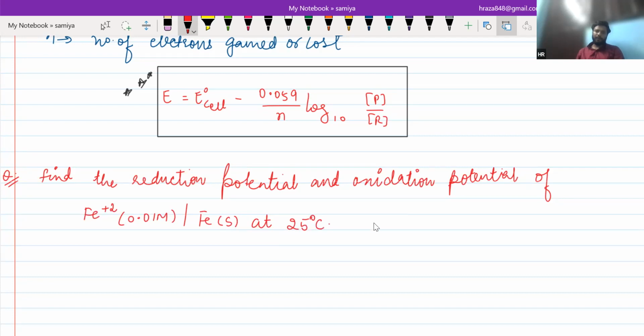It is also given that E naught cell is equal to minus 0.45 volt. Please write the question and let me know. Then I will explain how you are going to solve it.